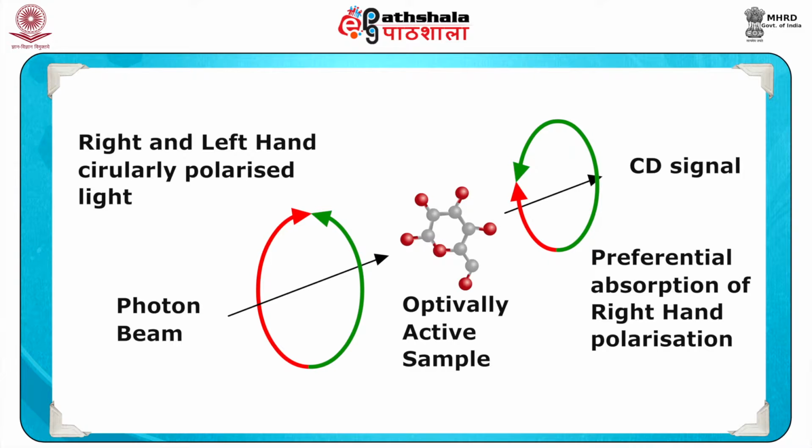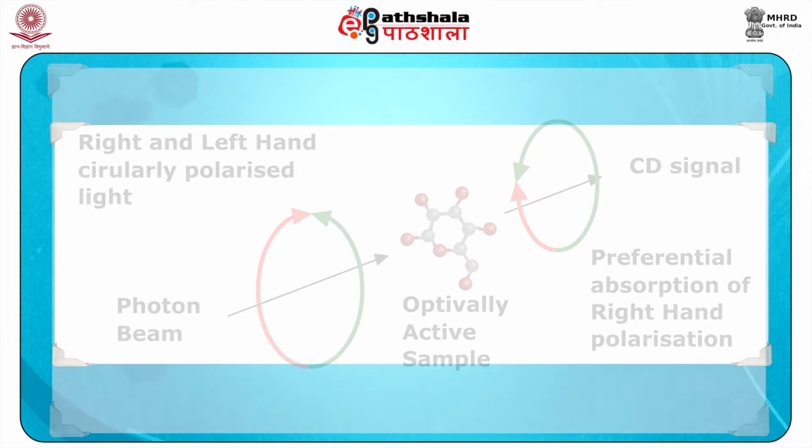As illustrated, the CD signal is obtained by the selective absorption of either the right or left circularly polarized vectors by a solution of an asymmetric polymer.